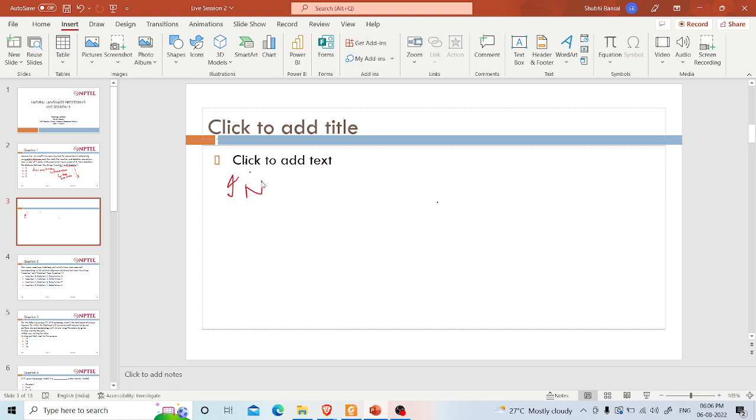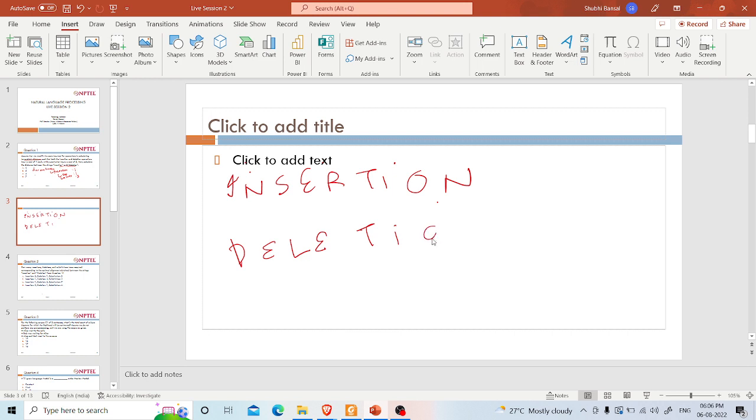So we have these two strings, insertion, and we have deletion. And we are to find the minimum distance such that the first string, insertion, can be converted to deletion.